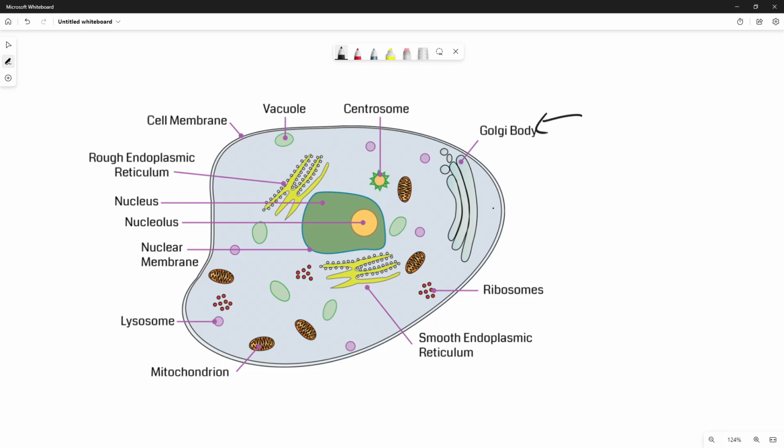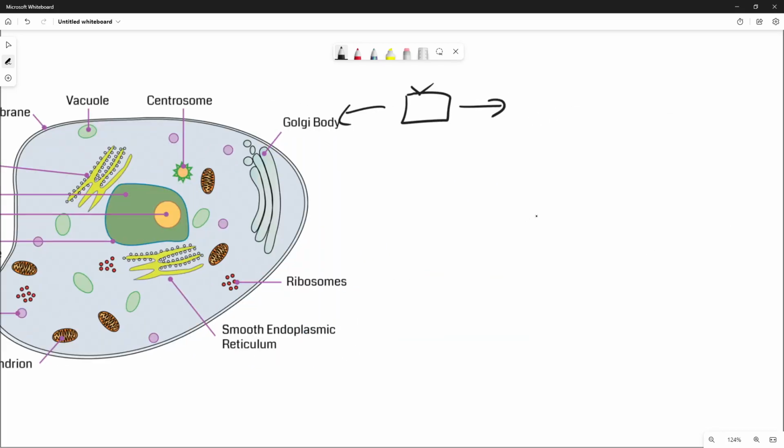So think of it like this: it receives a package, it modifies it into more useful proteins, and that is then sent out, either out of the cell or inside the cell in packages called vesicles.